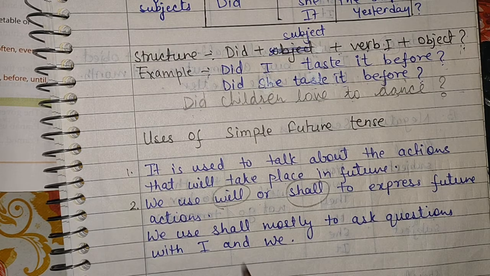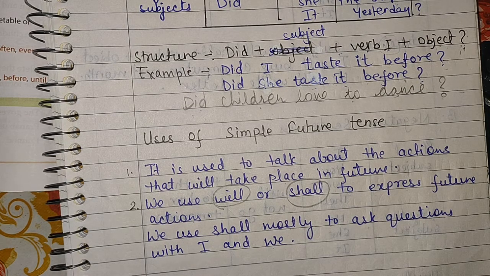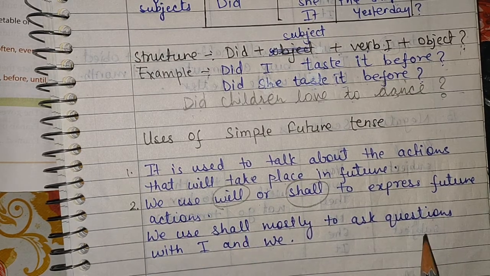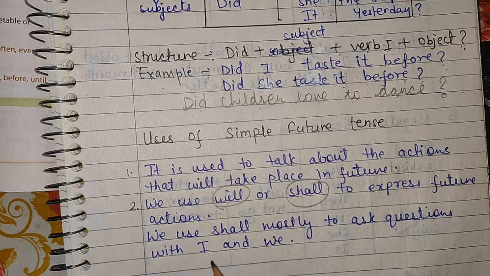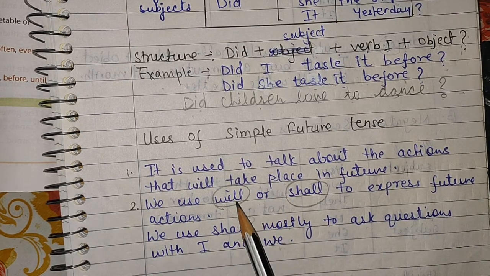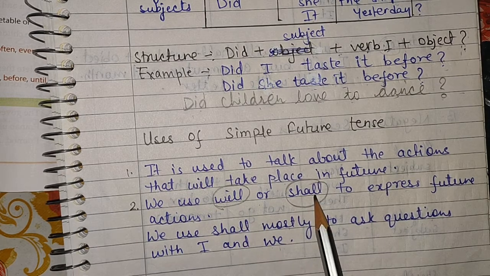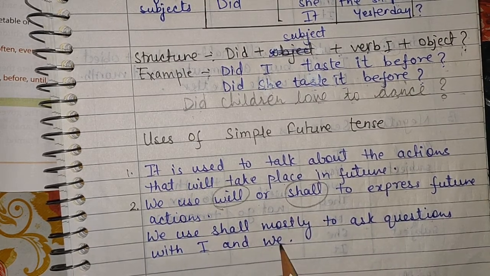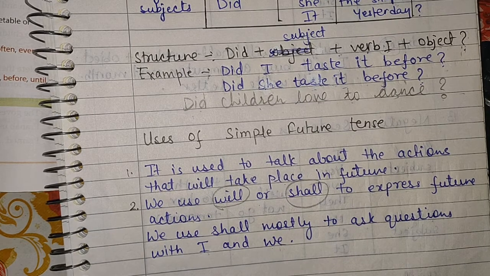Will is used with every subject. But shall, mostly we use with I and we to express future actions.